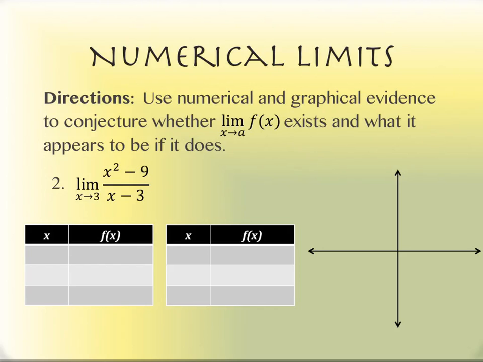All right, so we've got this function, x squared minus 9 over x minus 3. I'd like for you to start by taking your calculator and putting this into your calculator.